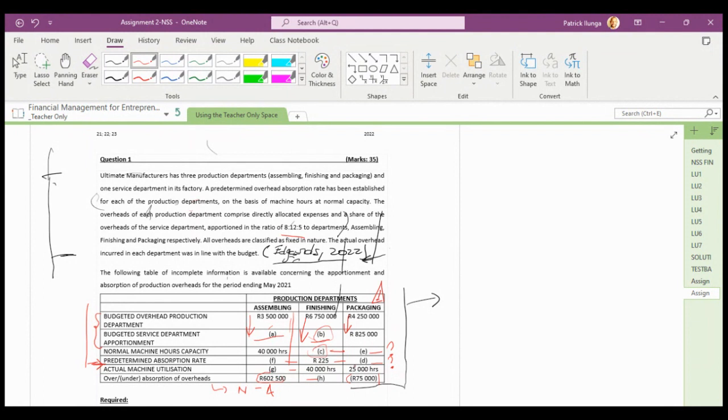All right. And again, ladies and gentlemen, when we look at the marks here, you remember that question one is 35 marks, and this particular sub question, I would say, is 27 marks.